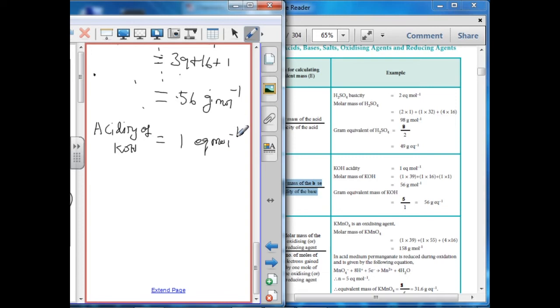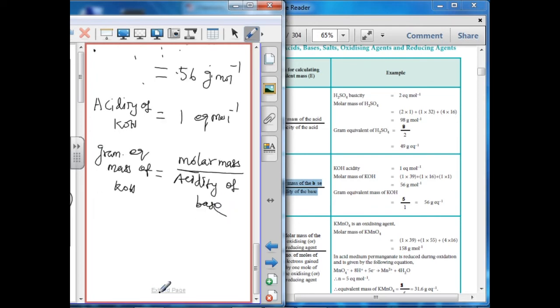The gram equivalent mass of KOH is equal to the molar mass divided by the acidity of the base, which is 56 divided by 1.